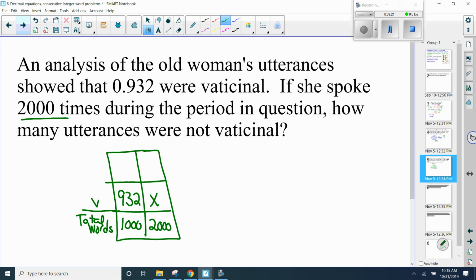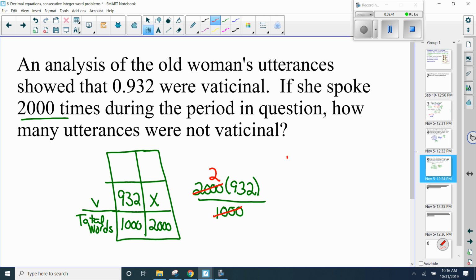How many of them were vaticinal? How do you solve? Cross multiply and divide. So we're going to take 2,000 times 932 and divide by 1,000. How many times does 1,000 go into 2,000? 2.